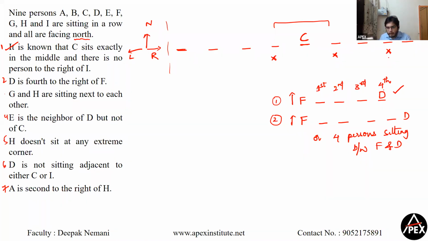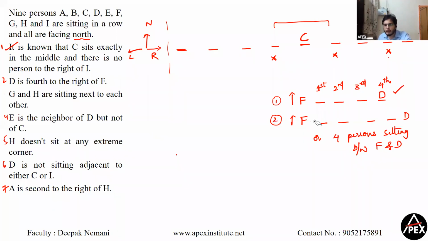So if it is given that D is fourth to the right of F, D is sitting four places away to the right of F. Now if D is sitting fourth to the right of F, what is F's position with respect to D? Four positions left. Fourth to the left, isn't it?